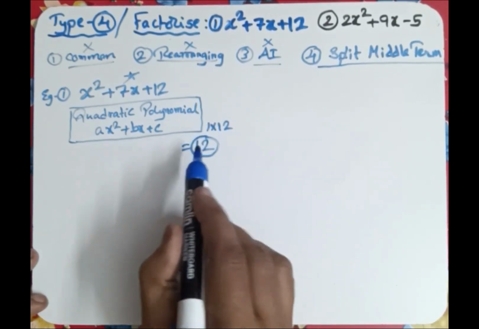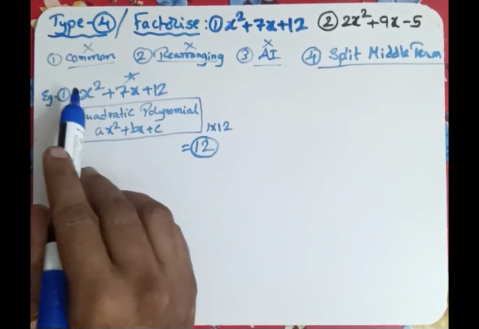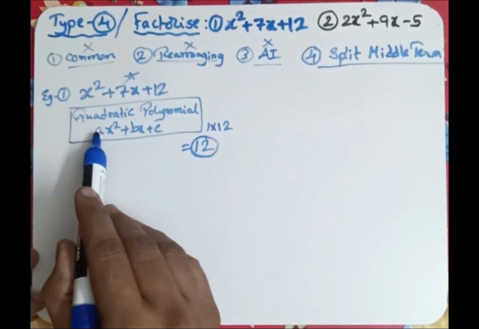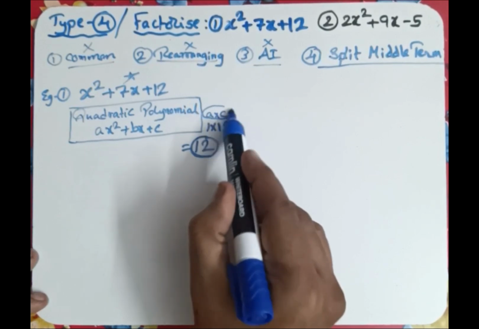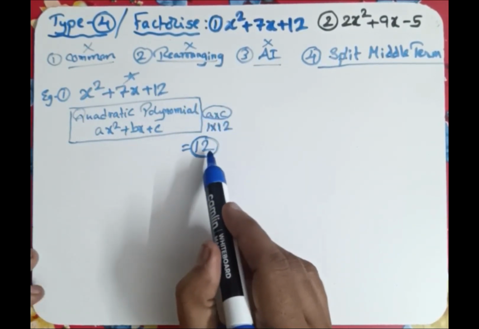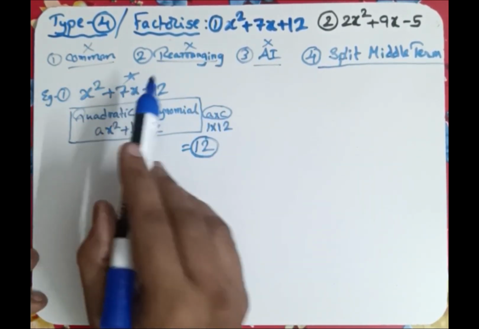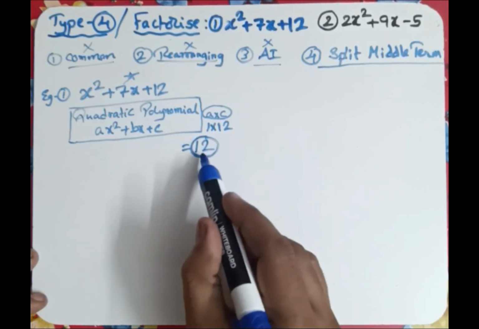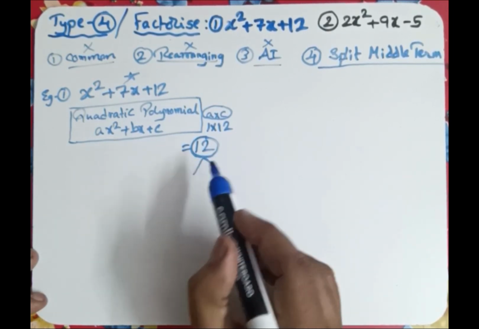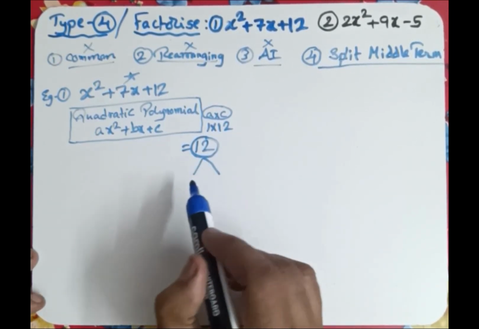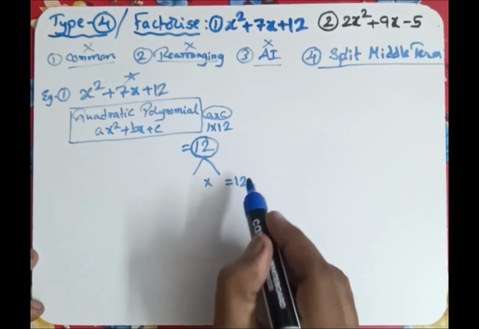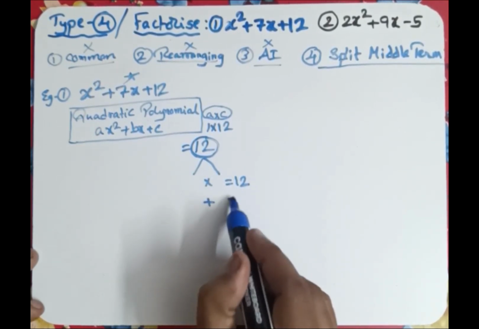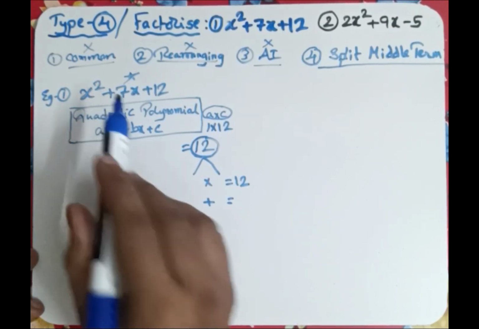Now your target is to take the x square coefficient, that is a, and c, and multiply these two first, with signs. After getting the product, split it into two factors such that if you multiply you get 12, and if you add you get the middle term, that is 7.